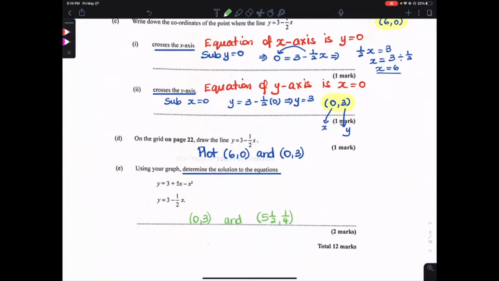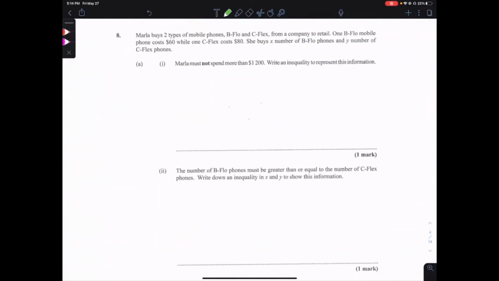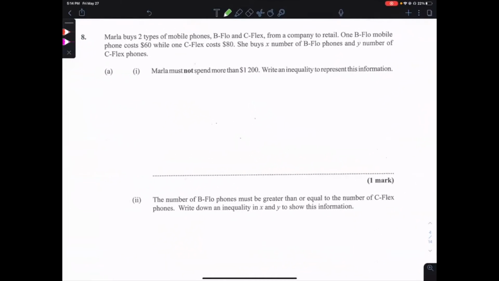All right, so we're moving along. Now they did mention that they are bringing linear programming. So this is a question on linear programming, and this is what managers use to maximize the profit in their company. So this is an everyday use of mathematics. Mala buys 2 types of mobile phones, B-Flow and C-Flex.